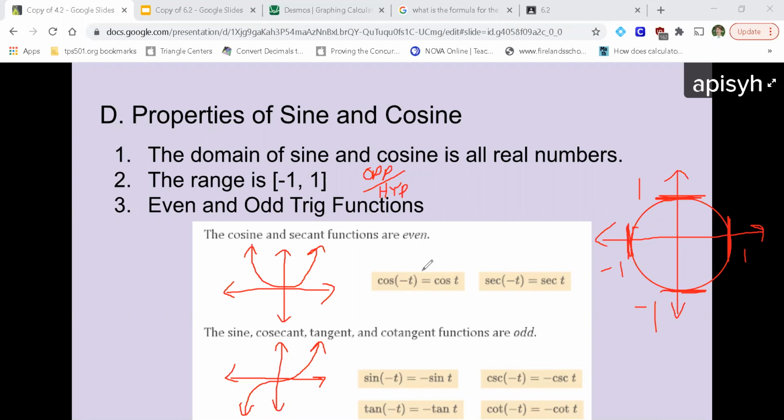But generally, the reason why this works is because the cosine of a negative angle is the same as the cosine of a positive angle. In other words, if you think like I'm trying to take the angle of positive pi over 3 and negative pi over 3, those angles have the same x value, right?